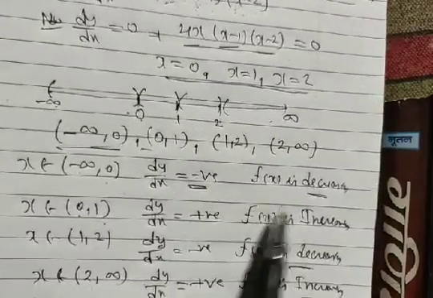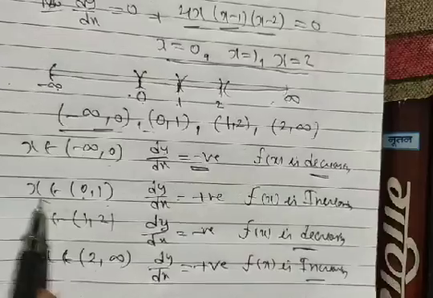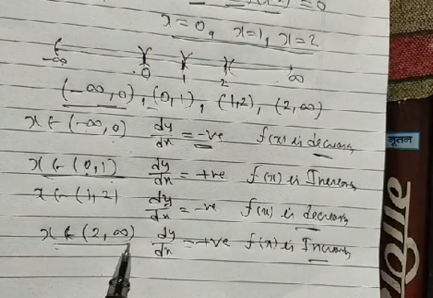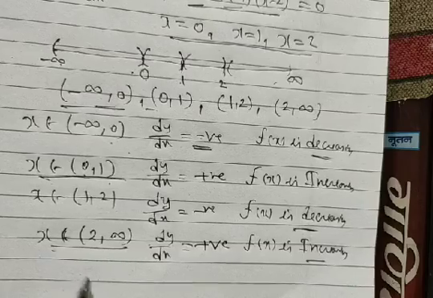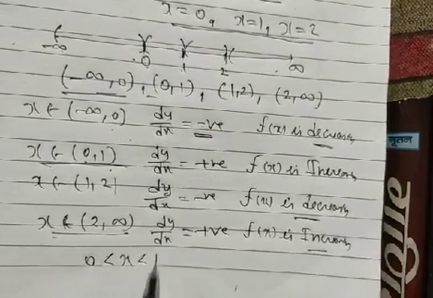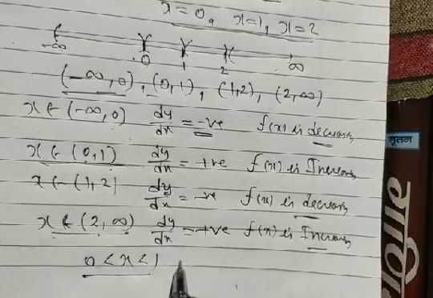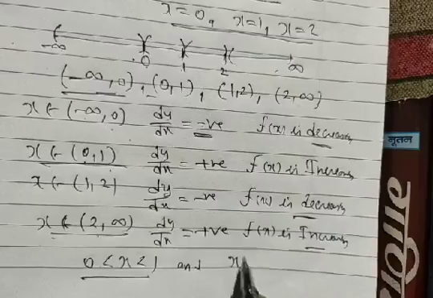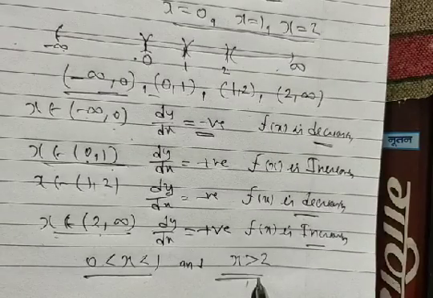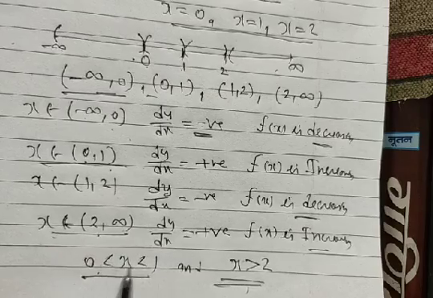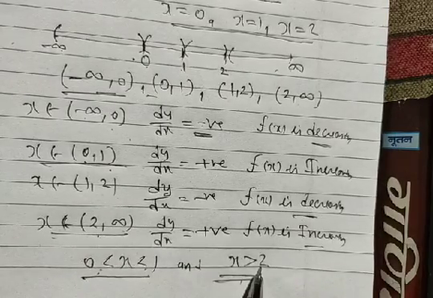Our given function is increasing when x lies between 0 and 1, and for 2 to infinity, when x is greater than 2. So for x between 0 and 1, and for all values greater than 2, our given function is an increasing function there.